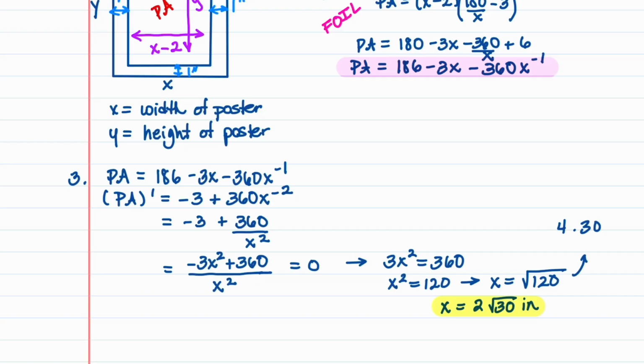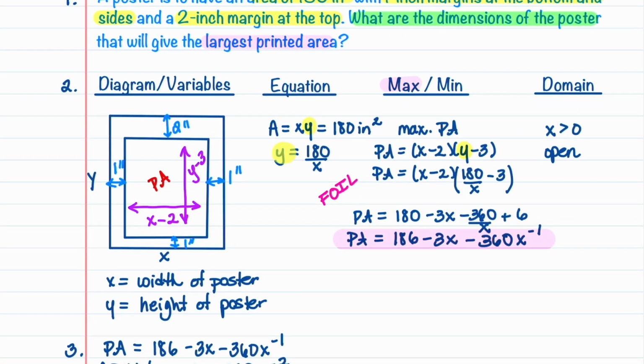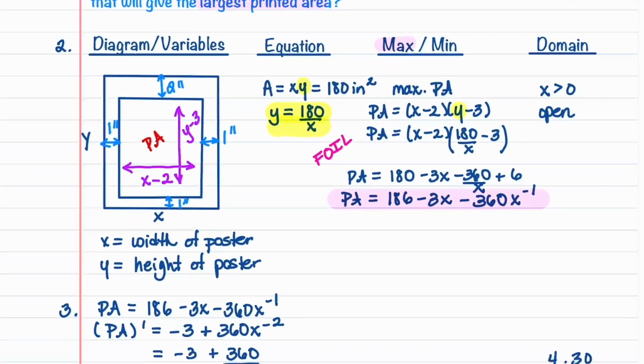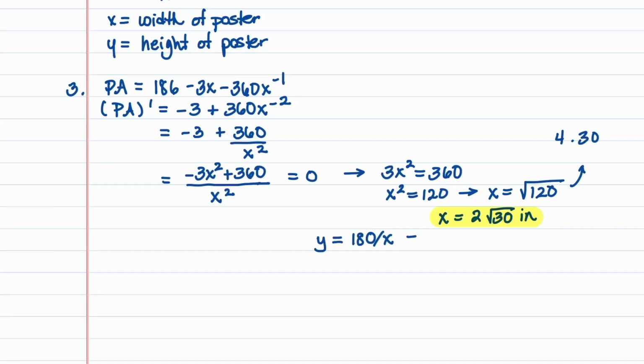We have an equation for y hiding somewhere. Let me go ahead and highlight it. It is right here. 180 divided by x. So let's write down that y is 180 divided by x. So this is 180 all divided by 2 root 30.